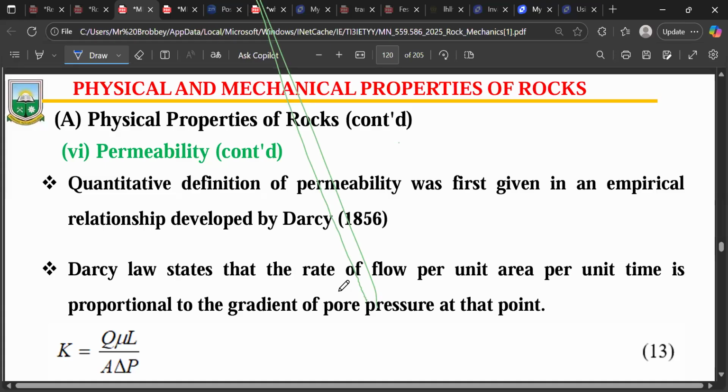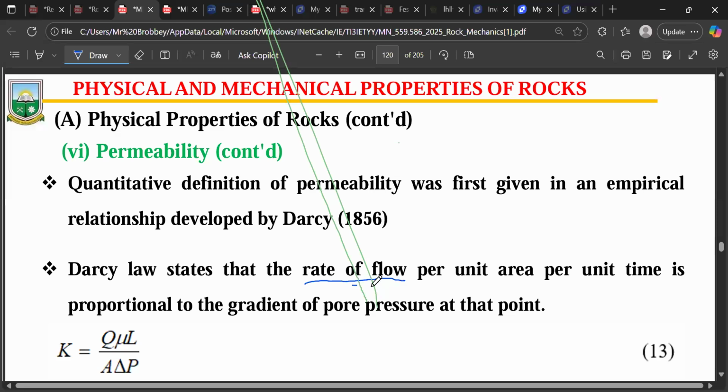It was developed by this man called Darcy in Germany, in 1856, right? And it says Darcy's law states that the rate of flow, rate means how fast something is occurring per time, right?